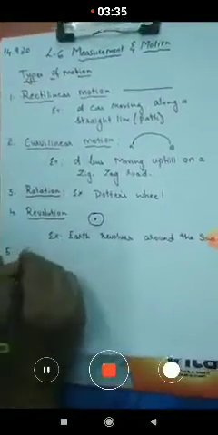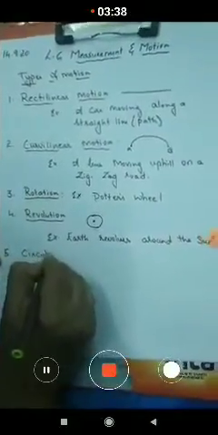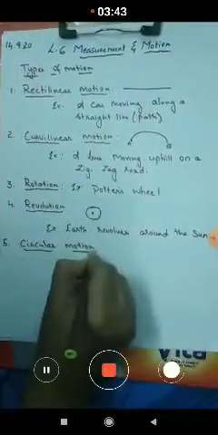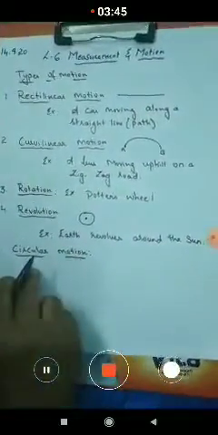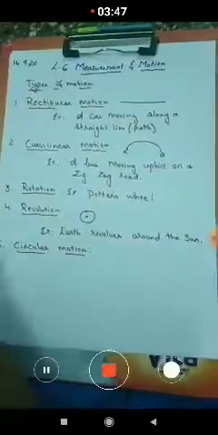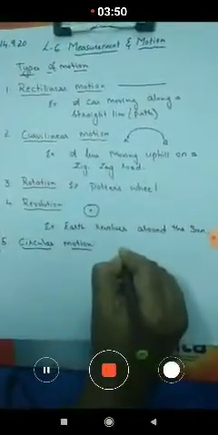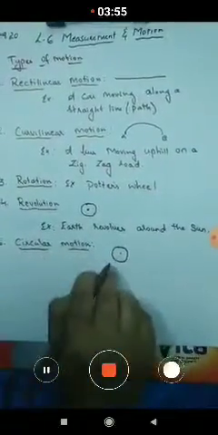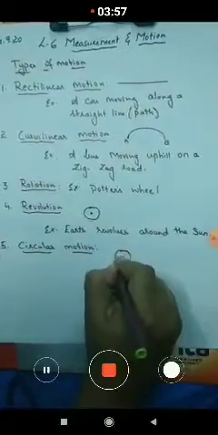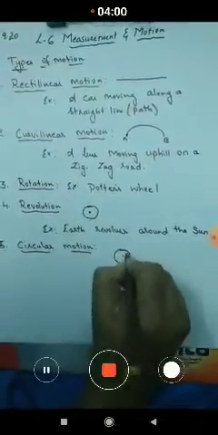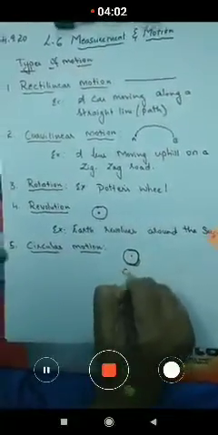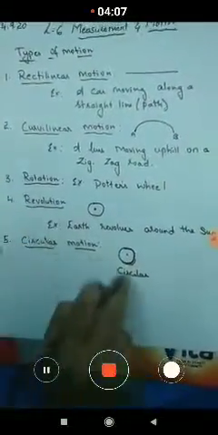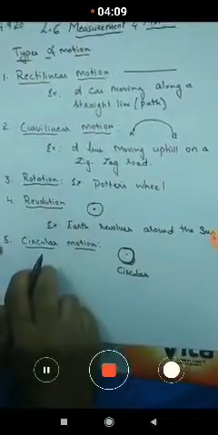The next one we learnt was the circular motion. In circular motion, the object moves around a central point along a circular path. Here don't be confused between revolution and circular motion, children.